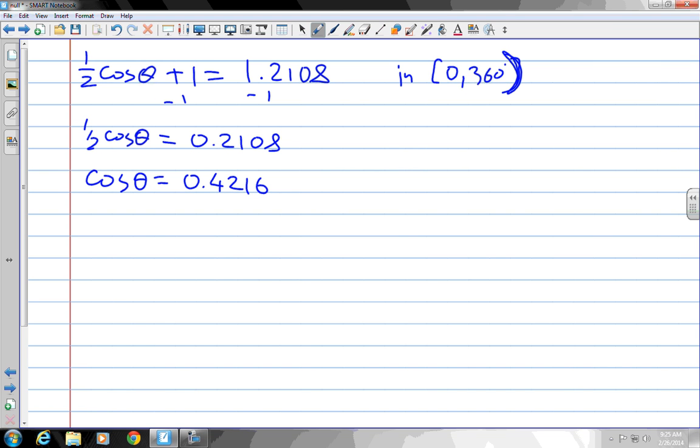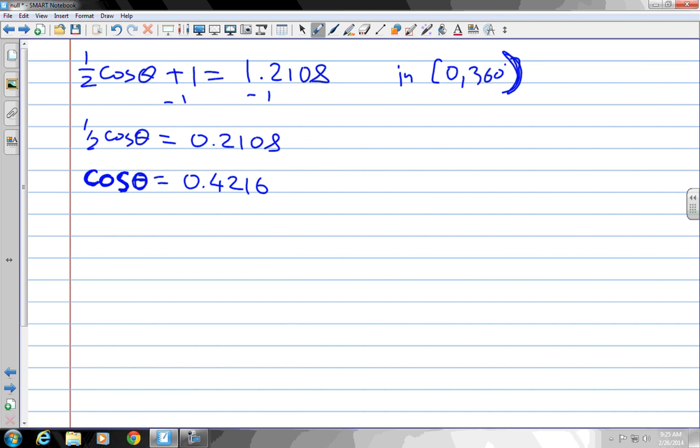So the first step was to isolate your trig function. Are we okay how we got to this point?